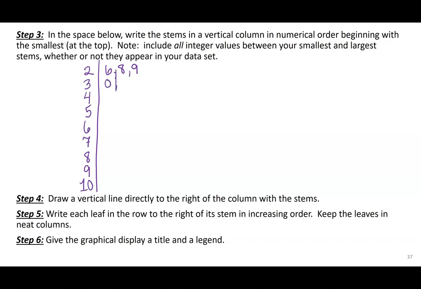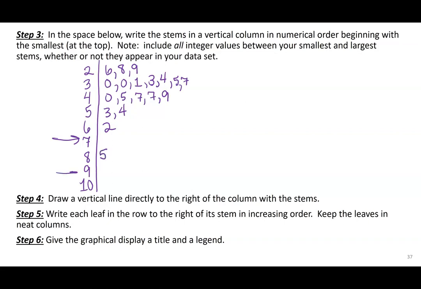And then 30, 30, 1, 3, 4, 5, 7, 40, 5, 7, 7, 9. I think this is 53. I'm trying to read my writing. Sorry about that. 62. Then, like I said, we didn't actually have any observations in the 70s. So you skip over it. You just leave that particular row blank.